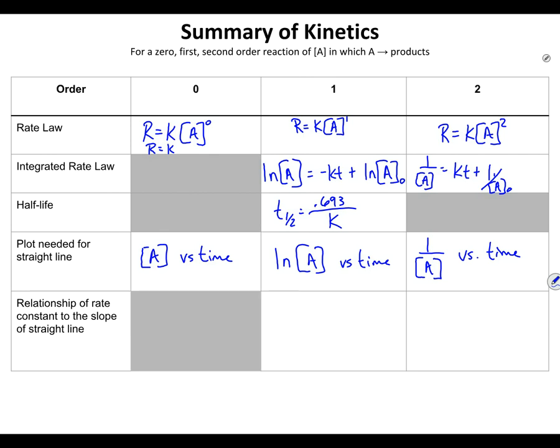And then the relationship of the rate constant, so that's K, to the slope of that straight line that we're talking about here in this row. For this one, the negative slope equals K, and for this one, slope equals K.